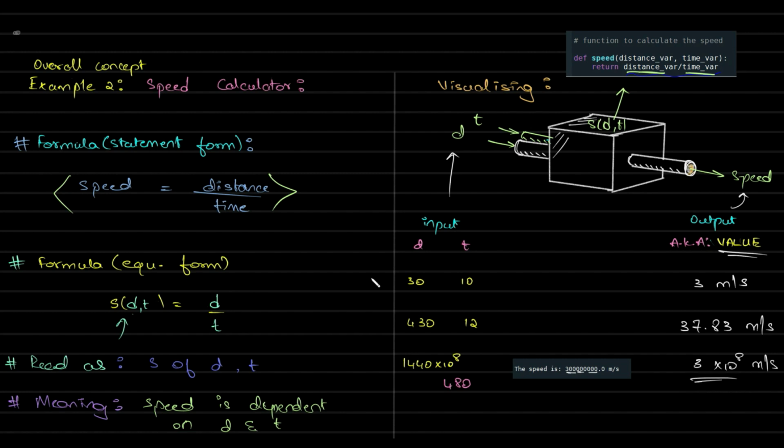You recognize this value? This is the speed of light. Actually these values are nothing but the distance between the Earth and the Sun, and this is the number of seconds it takes for light to reach us.